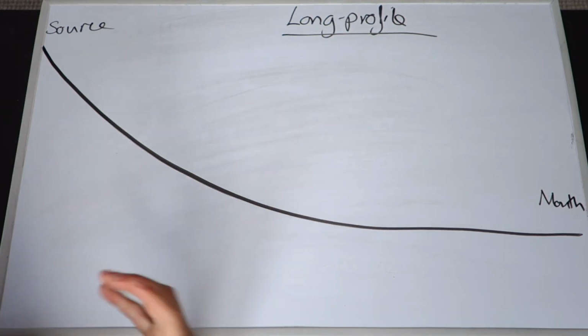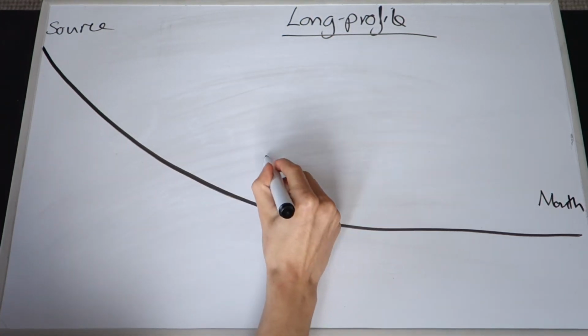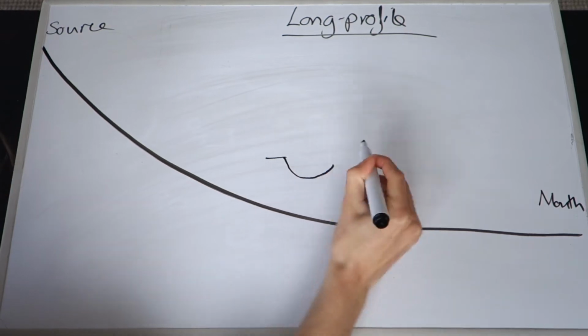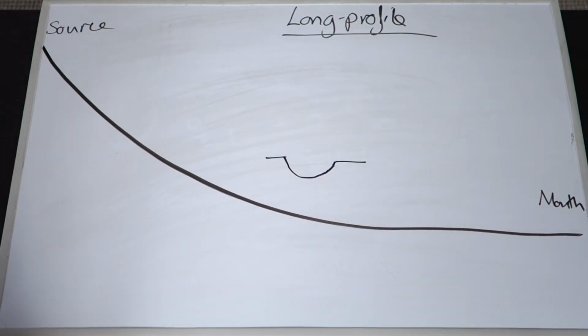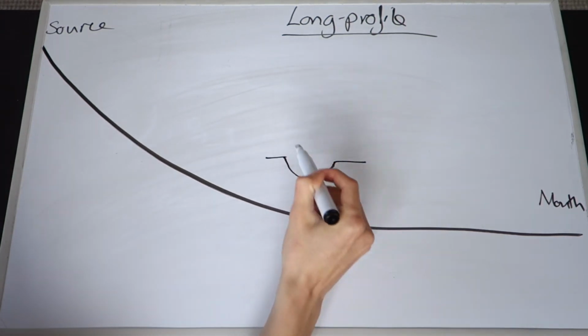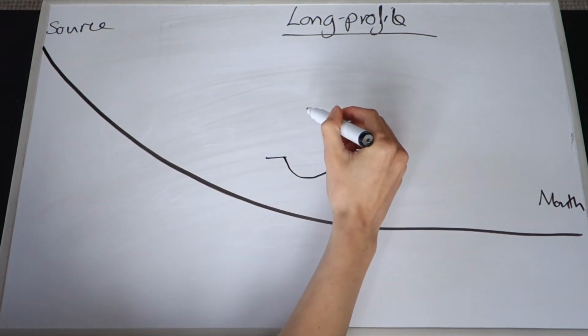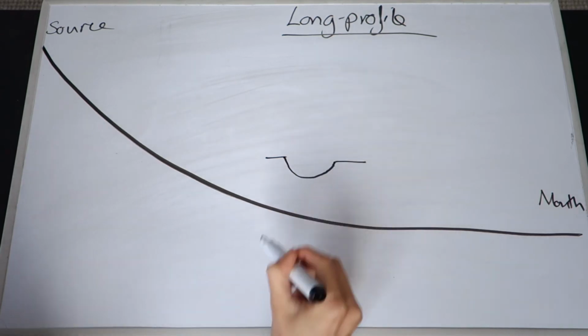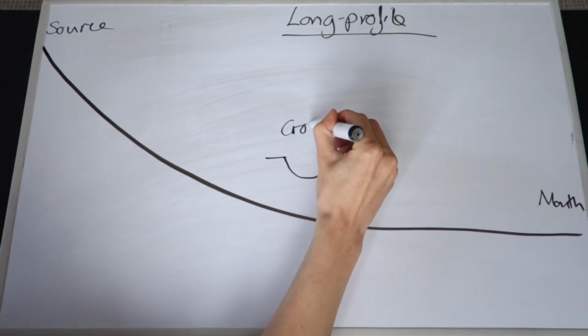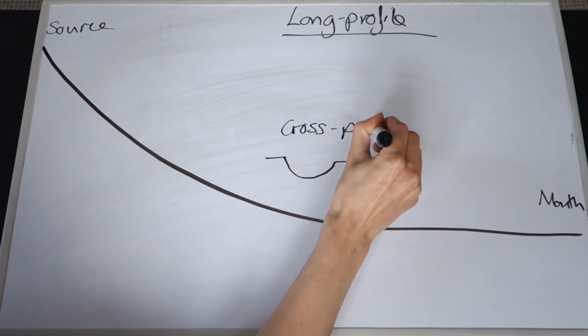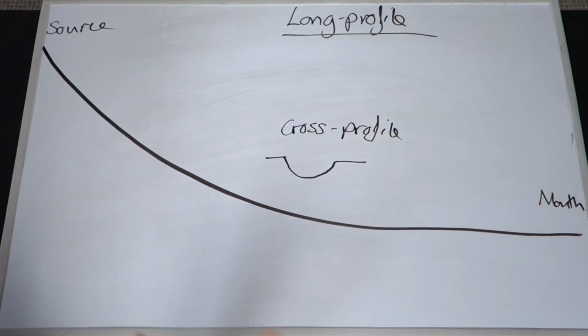When we look at a river cross-section, so like a slice of the river, and we look at how the shape of the river channel changes, that's called a cross profile. So there are two ways of looking at a river. The long profile, which looks at the whole length of the river, and the cross profile, which looks at little slices of the river channel.